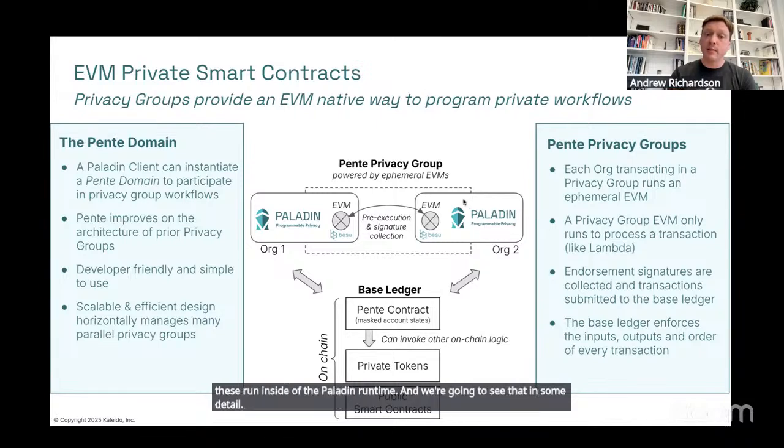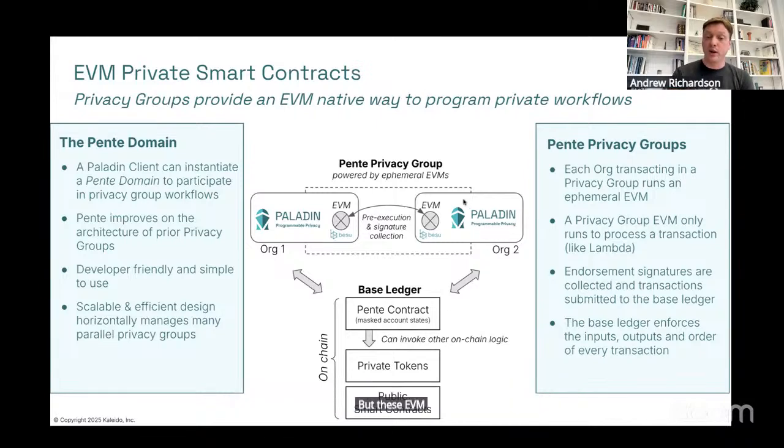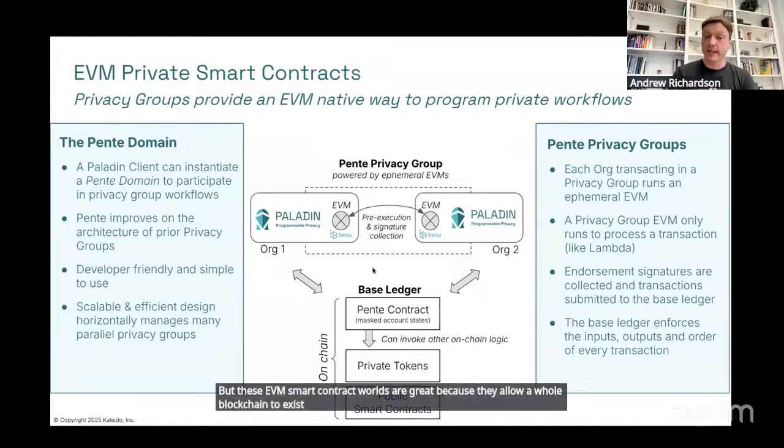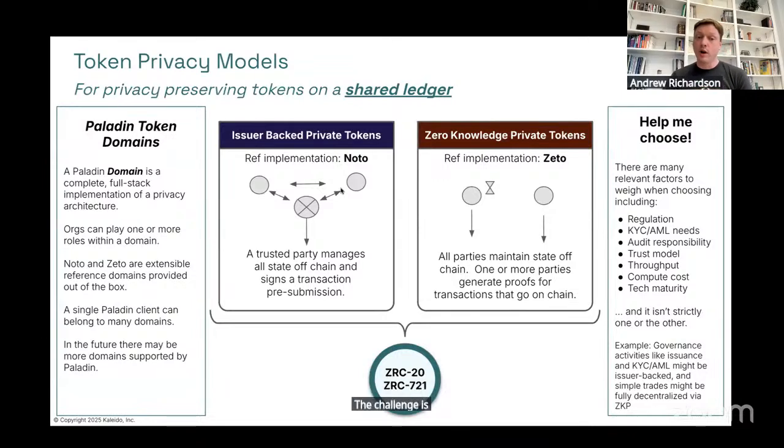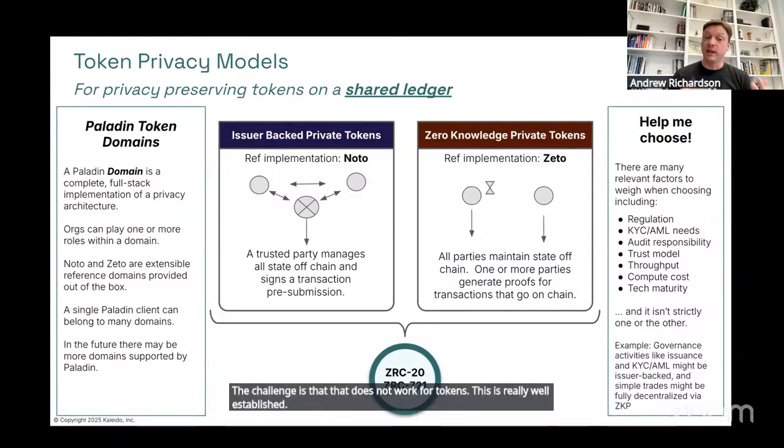These EVM smart contract worlds are great because they allow a whole blockchain to exist with a small number of parties, and all the data associated with that is locked into those parties. The challenge is that that does not work for tokens. This is really well established. My colleague, Jim Zhang, has written a really nice article you can Google about why you can't use privacy groups to put tokens inside of them.